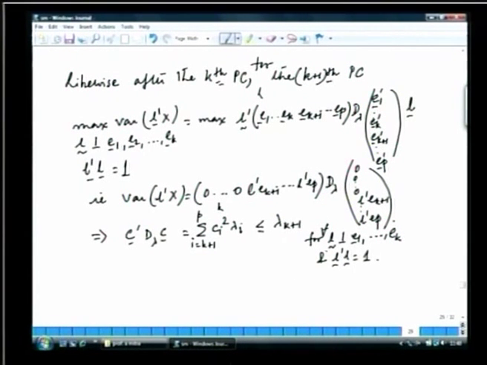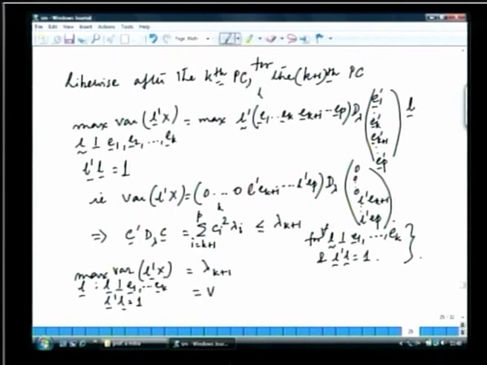After considering these two sets of criteria, we obtain this, and this gives us that the maximum of variance of L prime x, maximum over L such that L is orthogonal to E1 to Ek and L prime L is equal to 1, is nothing but lambda k plus 1.